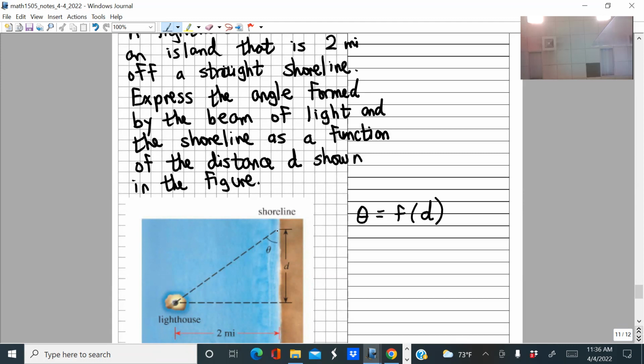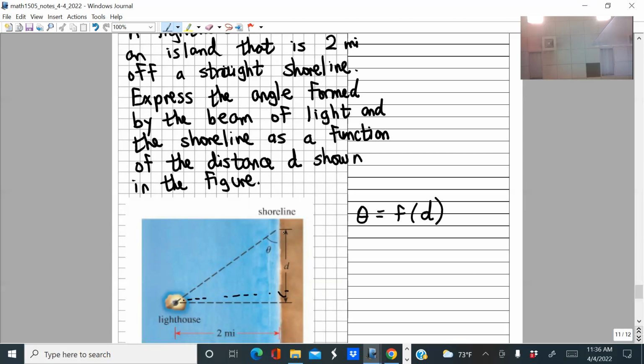But the further you go up, this angle between the beam of light and the shoreline is going to change, right? If you're standing, say, way down here, maybe right there, then that angle is going to be rather large, almost 90 degrees, right?